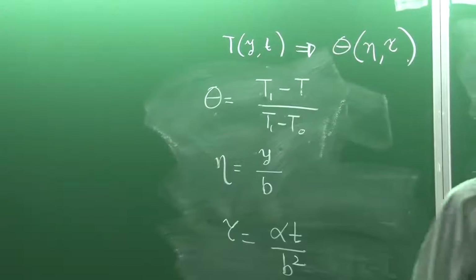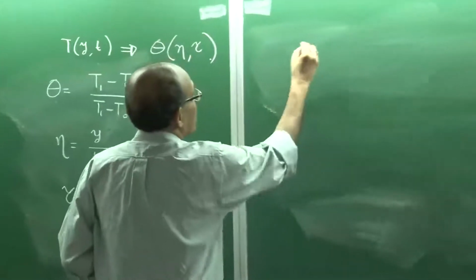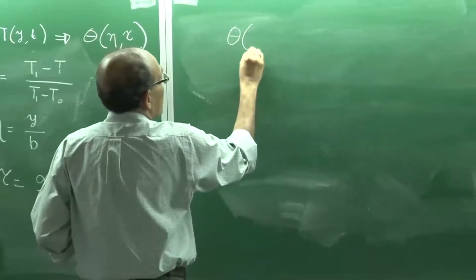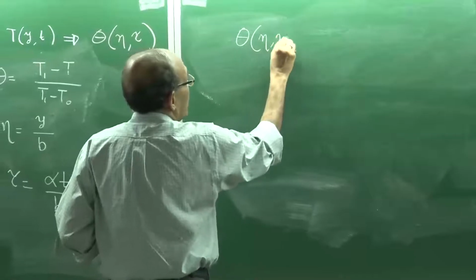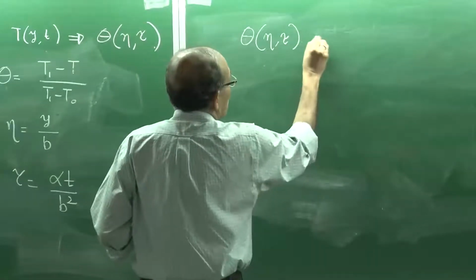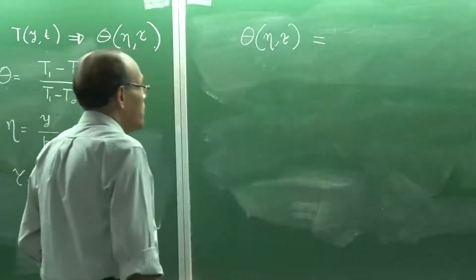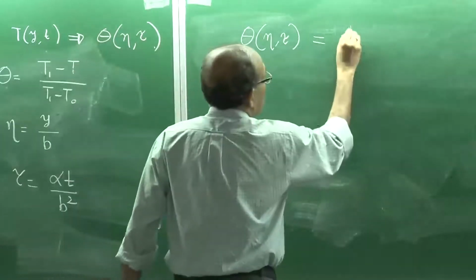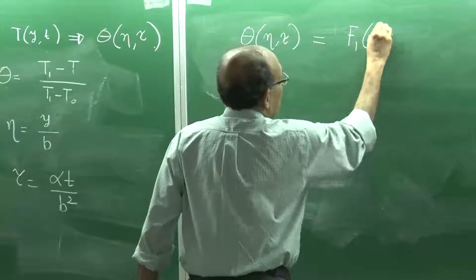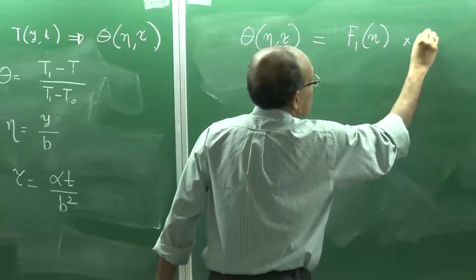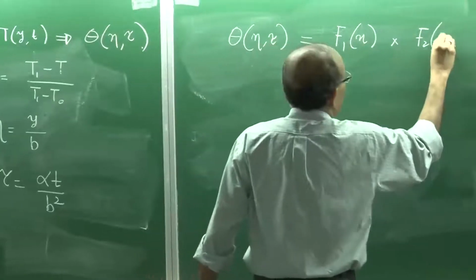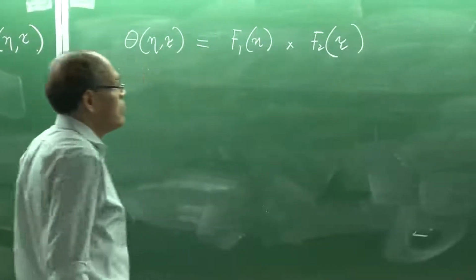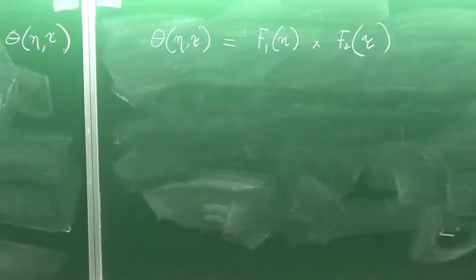The solution, basically these are called product solution techniques, that if theta is a function of eta and tau, then the solution will come out to be in terms of one function, which is f1 of eta, and the other function which is f2 of tau. This is called the product solution technique.